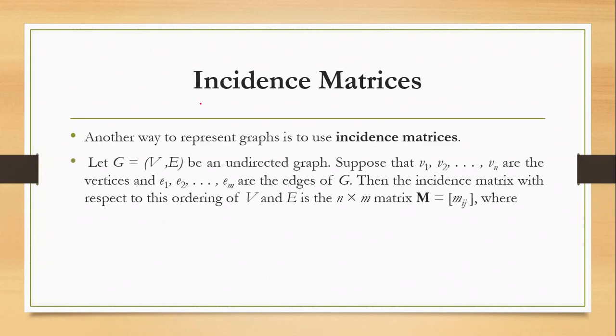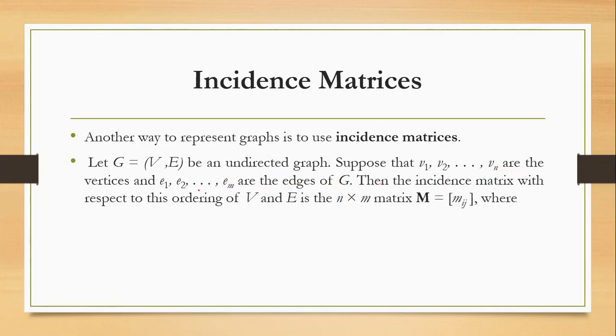Let G equal (V, E) be an undirected graph, and the vertices are V1, V2 up to Vn, and the edges are E1, E2 up to Em. Because the vertices and the edges won't usually be of the same number, the number of vertices is represented by n and the number of edges is represented by m.